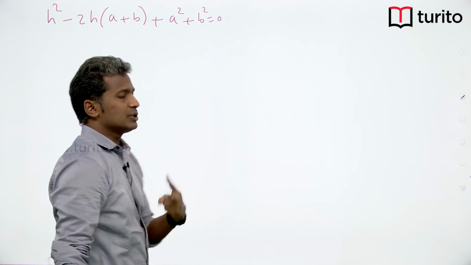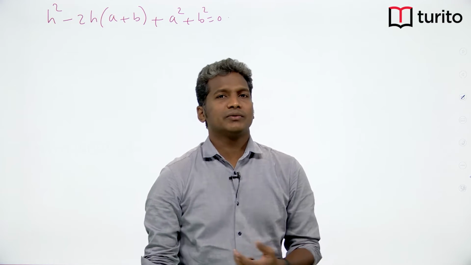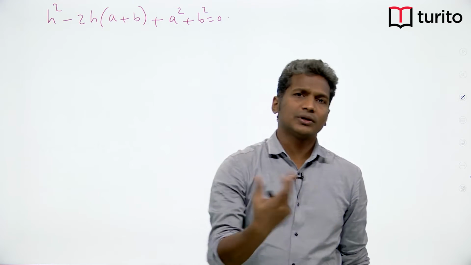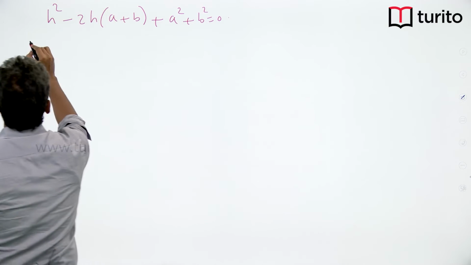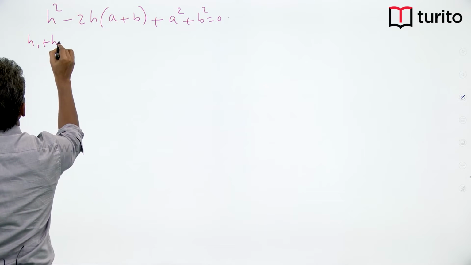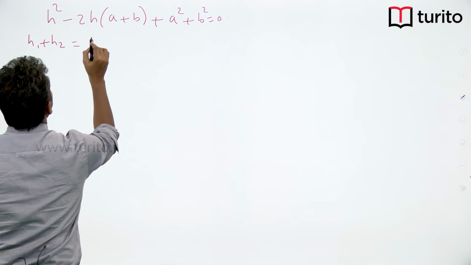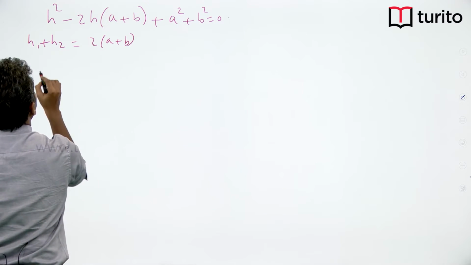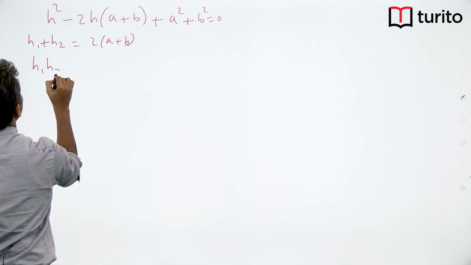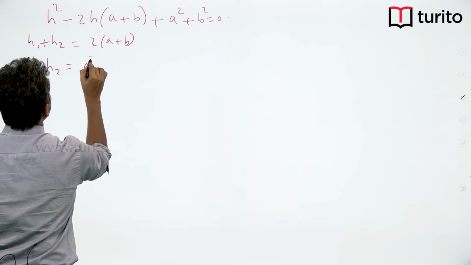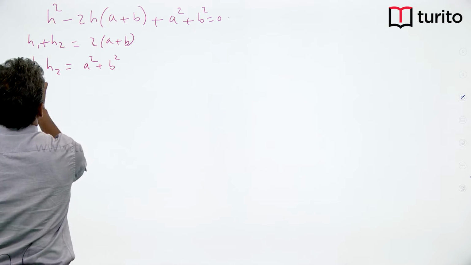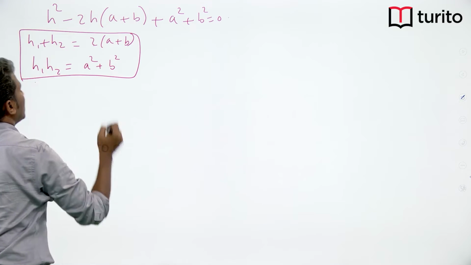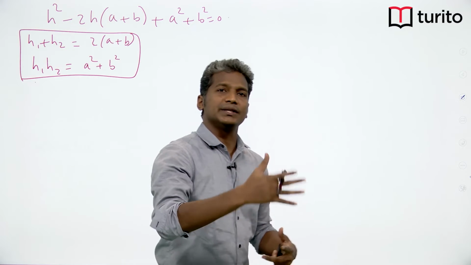From this I will get two solutions, H1 and H2. Now, if I apply the sum of the roots and product of roots formula, I will get H1 plus H2 as 2 into A plus B and H1 H2 as A square plus B square. This is the information that I deduced based on H1 and H2.